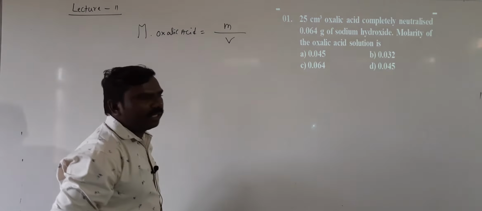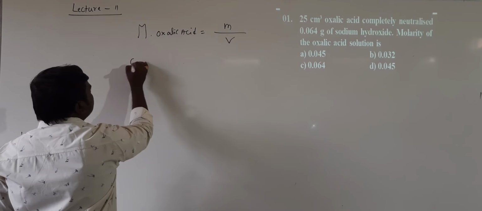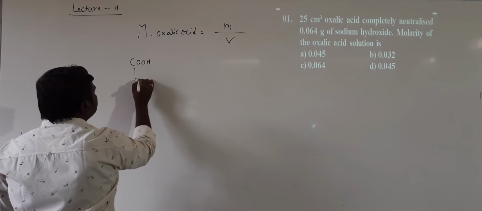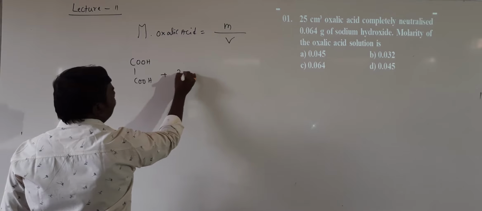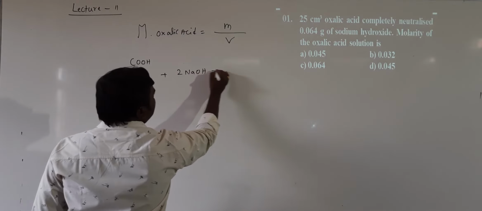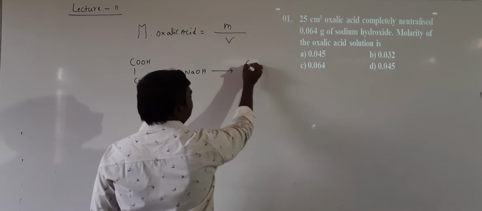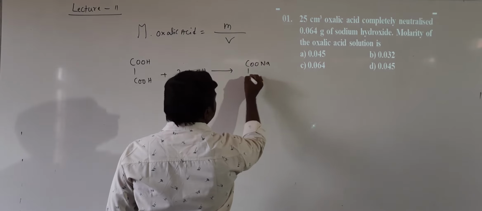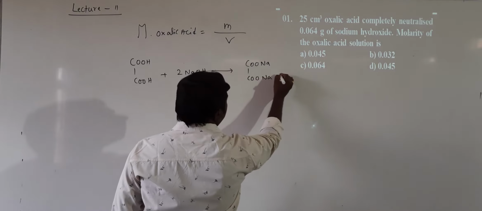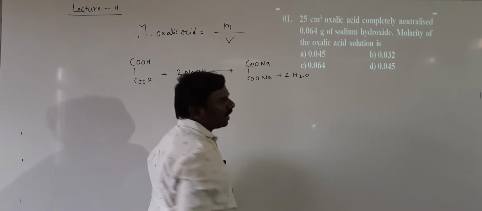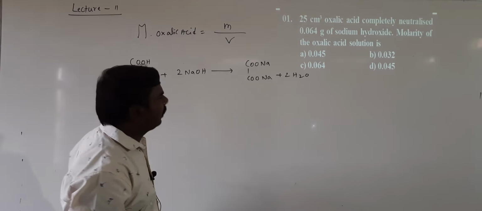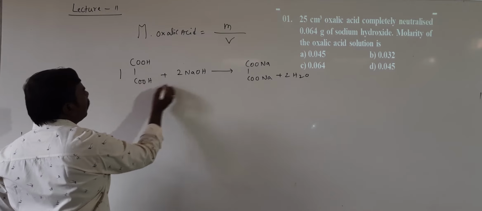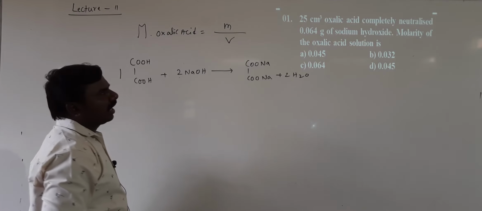First of all, oxalic acid formula is COOH COOH, which reacts with 2 moles of NaOH to give COONa COONa plus 2 moles of H2O. You should write a balanced equation first of all. So this is 1 mole, this is 2 moles.